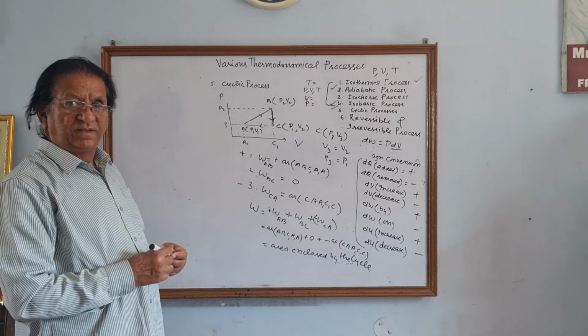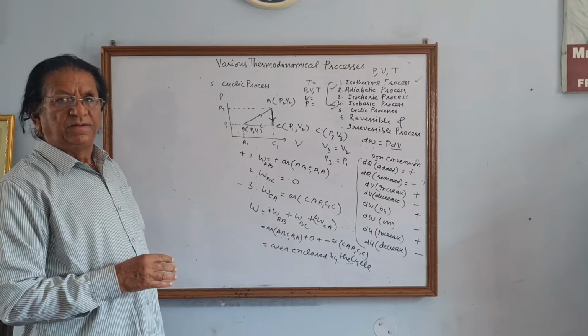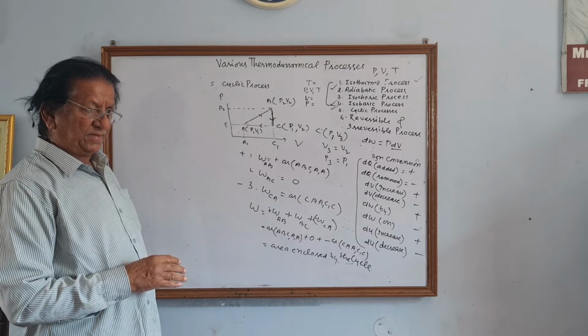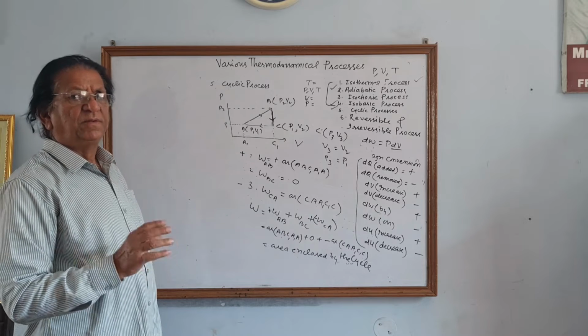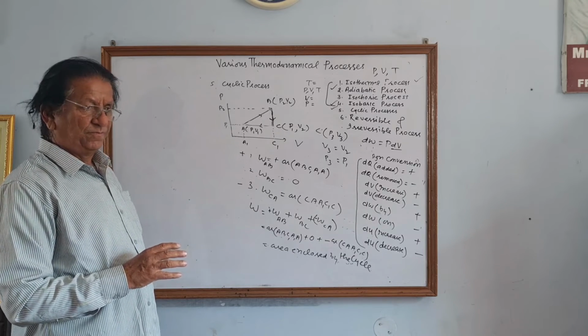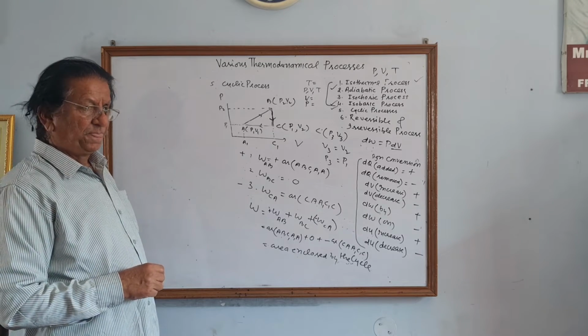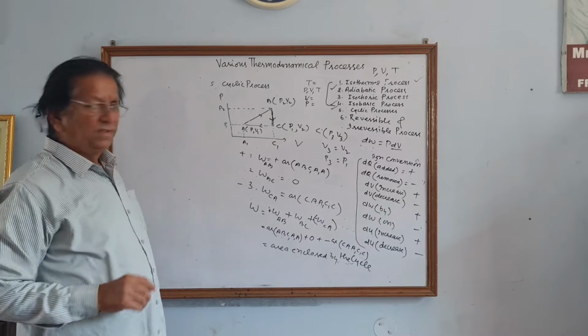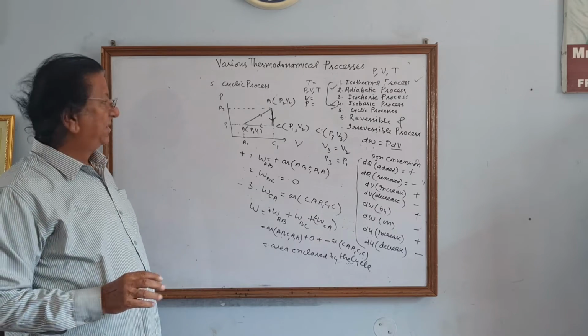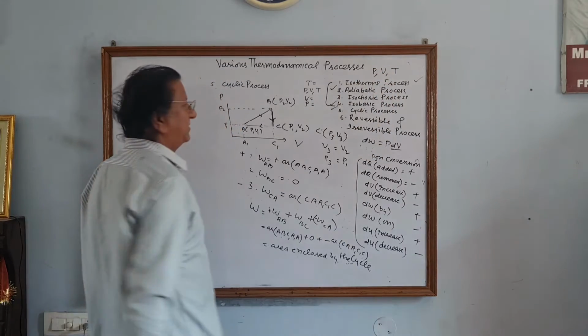Cyclic process is a process in which system is brought back to the initial state. System will attain the same values of all the three parameters after undergoing various processes. So in this graph, which out of these processes have taken place?